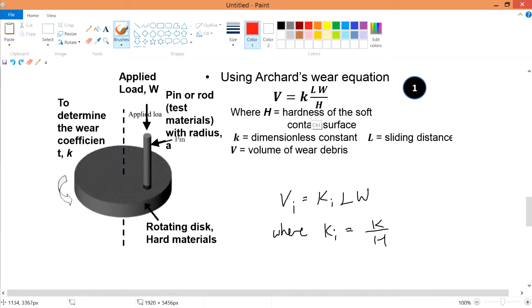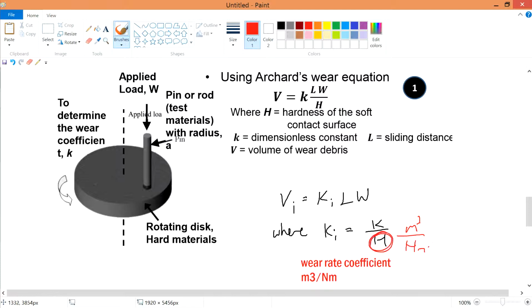Okay, and therefore what you should remember is this equation. This is exactly the same as this, just that they write in terms of V and K_I, but K_I is equal to K_H. K_H is this one, the constant. In fact this K_I, they call it the wear rate coefficient, and it is in terms of meter cubed per Newton meter.